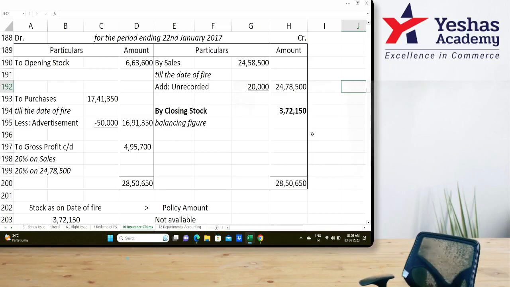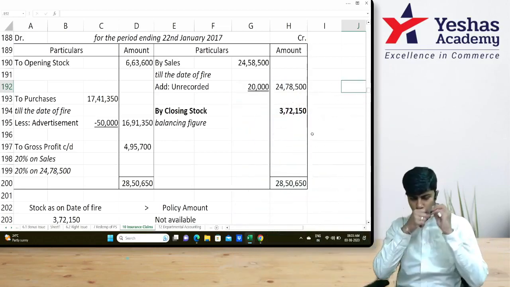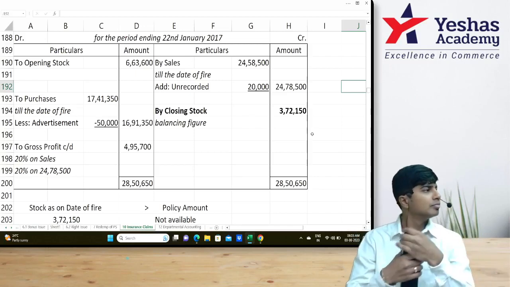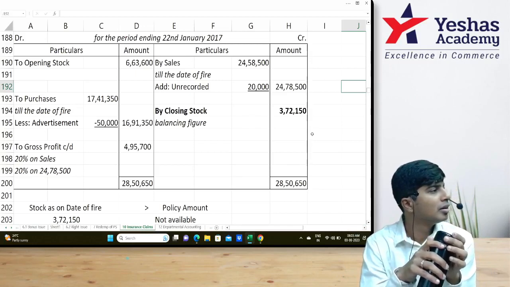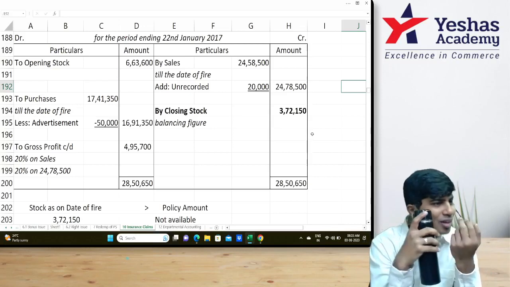Can I scroll down further? Madhu, I don't know what settings to check.